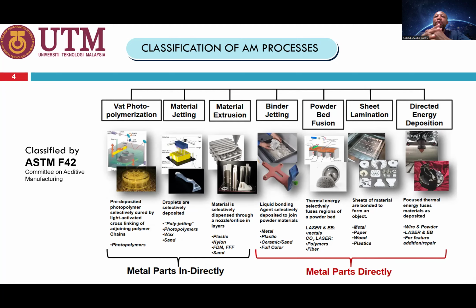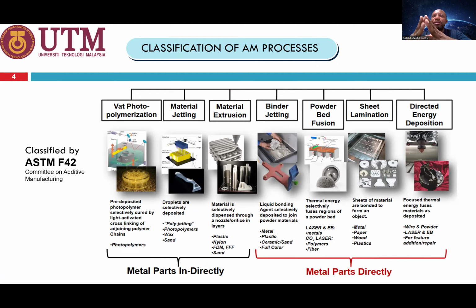It normally uses powder, as the name implies, selectively deposited on the specific area or design area to form the object. It normally uses a laser or electron beam melting, and this process is applied to metals only. The next method is sheet lamination.